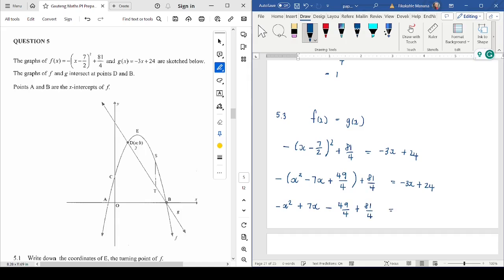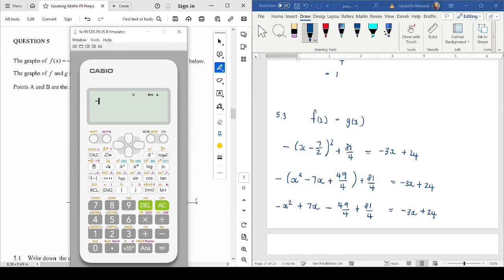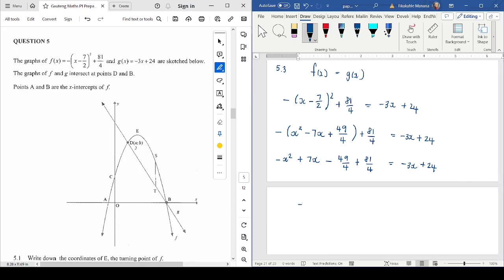We need to simplify that because it is not nice working with fractions. Negative 49 over 4 plus 81 over 4, I get 8, which is nice. No more fractions.